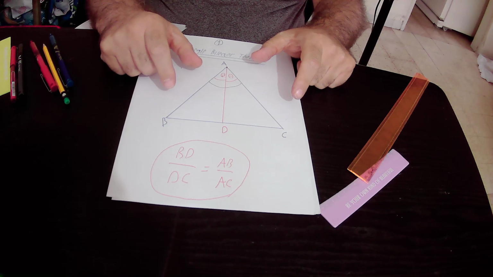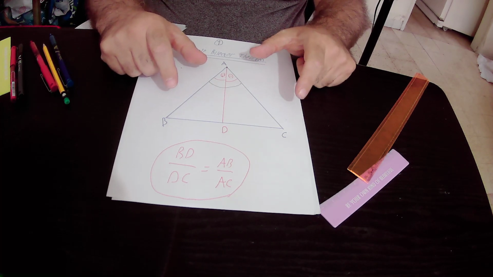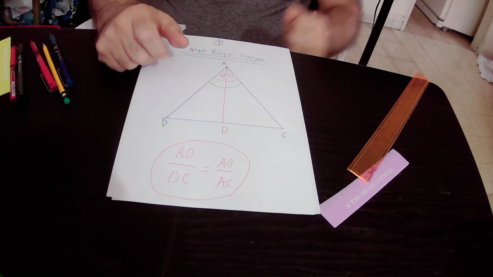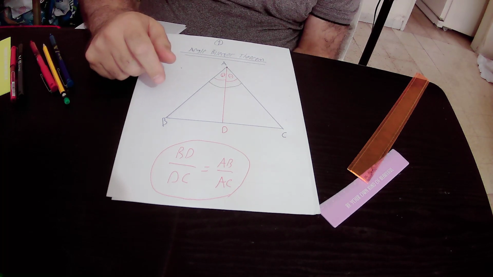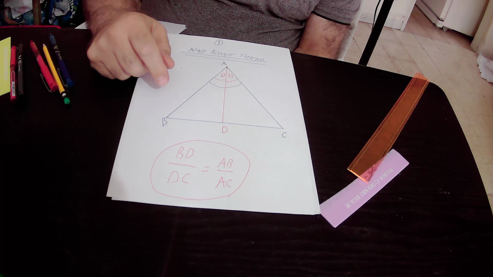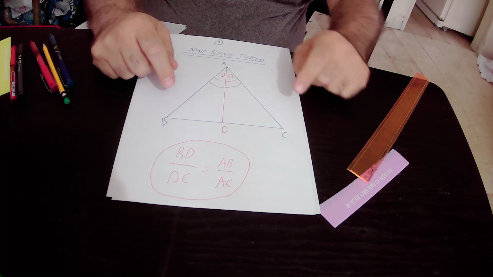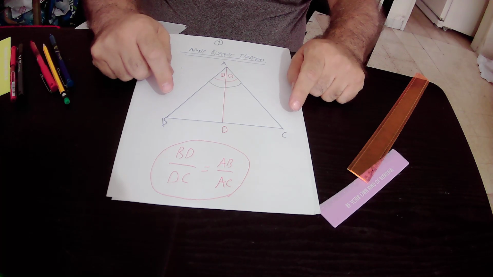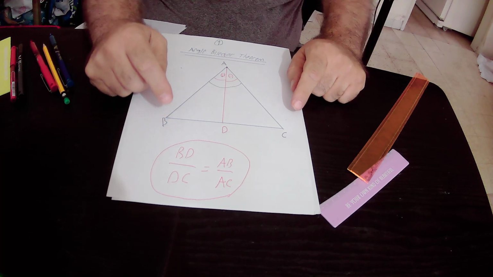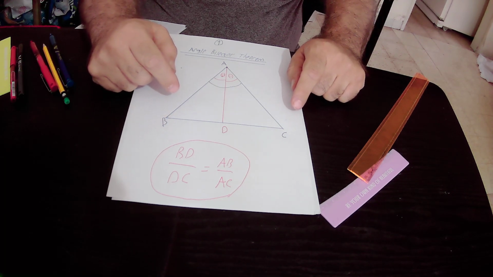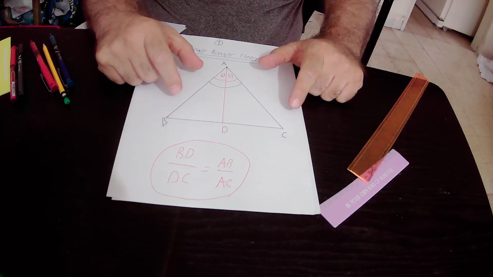So the ratio in which angle bisector AD divides BC is BD over DC, and that ratio equals AB over AC.